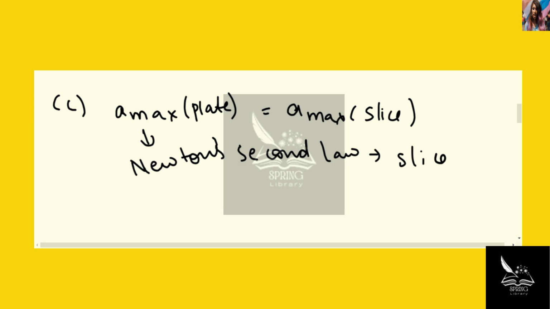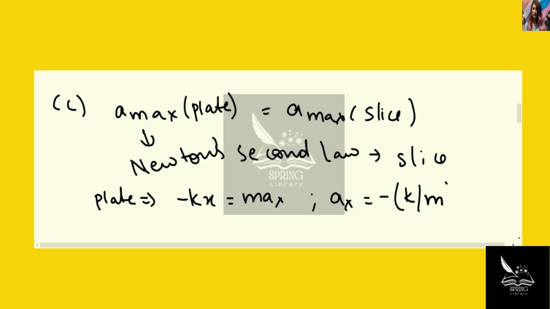For the plate's case, −kx = max. Hence, ax = −(k/m)x.